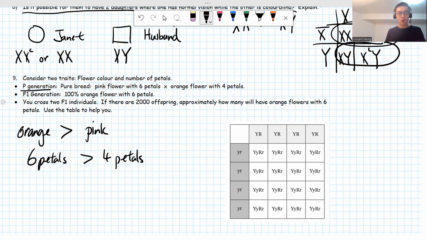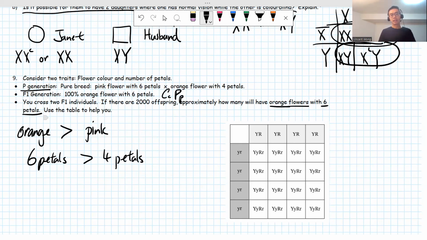F1 individuals are all big C, small c, big P, small p: heterozygous for color and heterozygous for petal number. So if we take two F1 that are heterozygous for both of these, then you're going to have a 4x4 Punnett square. How many will have orange flowers with 6 petals?